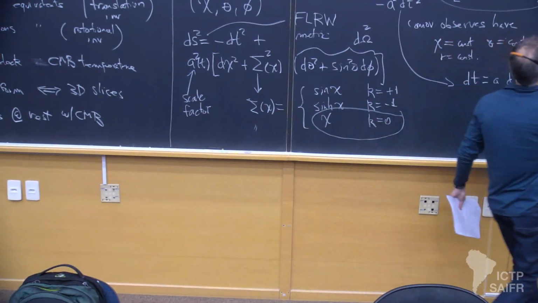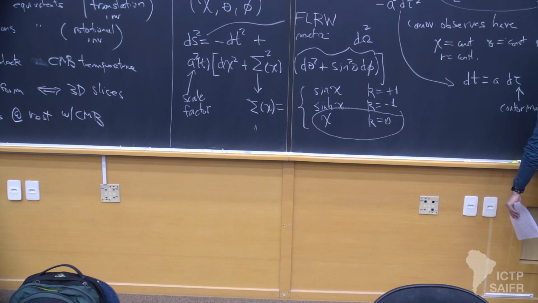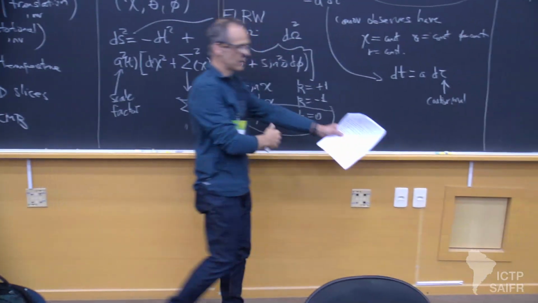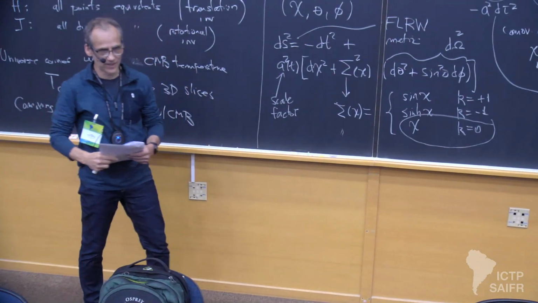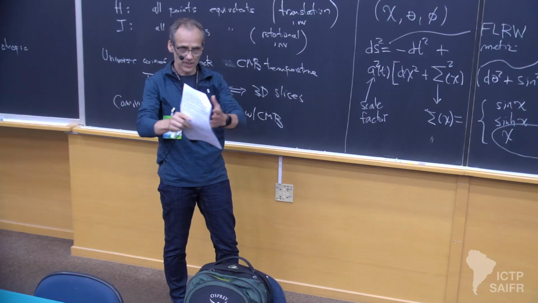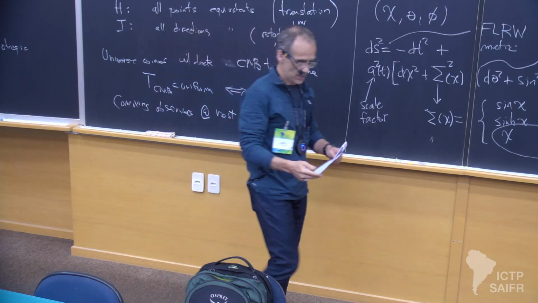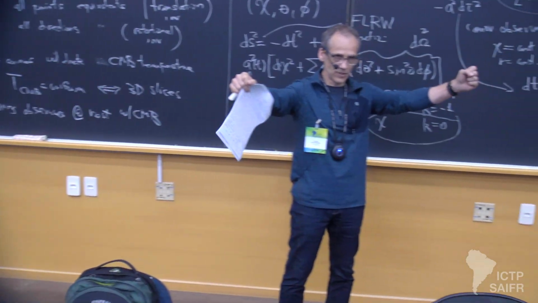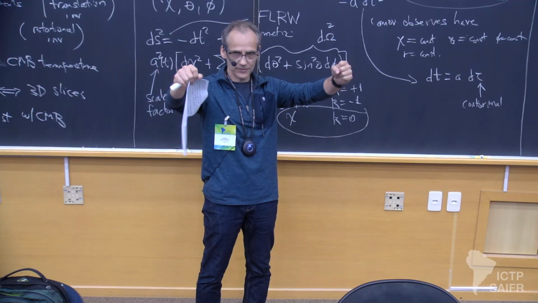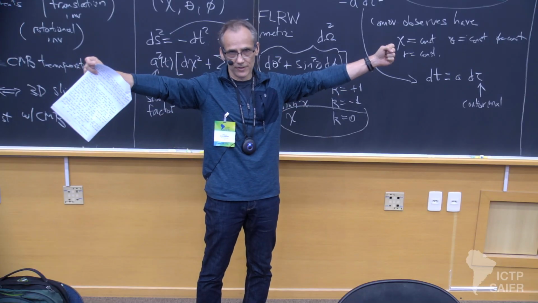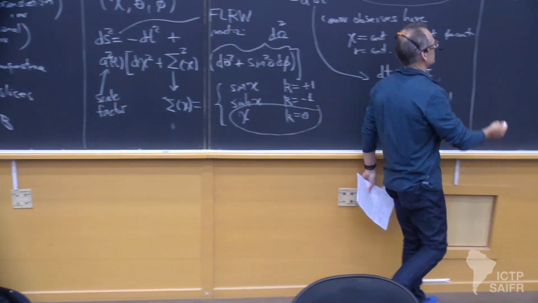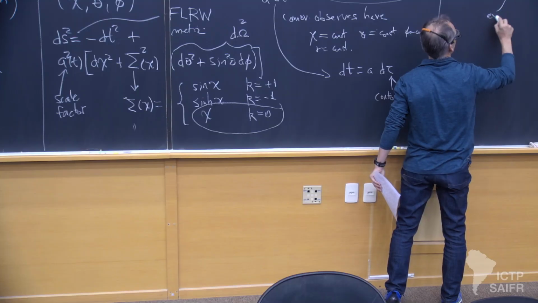So that means that any physical distance in cosmology is a co-moving distance multiplied by the scale factor, and that's essentially where the name scale factor comes from. You can think of it as any physical distance between two objects being stretched by the expansion of the universe. Okay, so this describes the expansion of the universe.